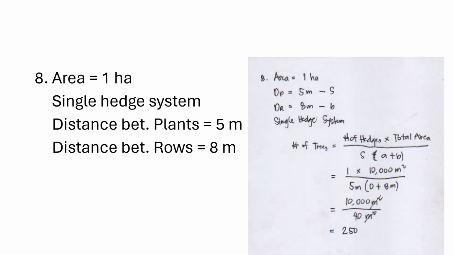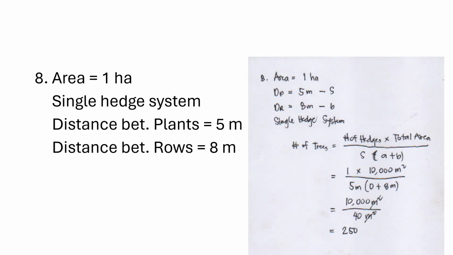Over S natin, distance between plants is 5 meters. A natin, distance between hedges. Since single hedge system, so walang distances between hedges, so 0. Plus, B natin is distance between rows, 8 meters.